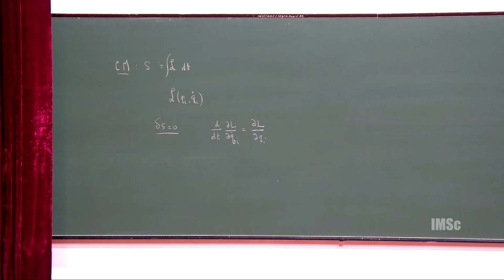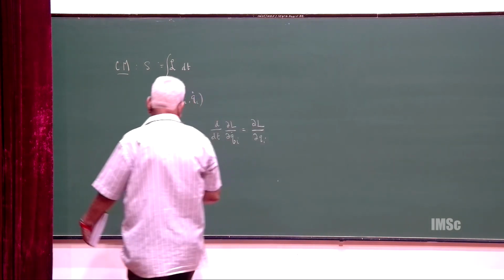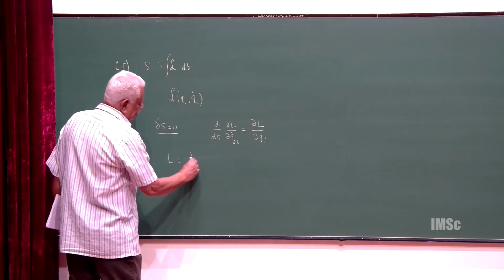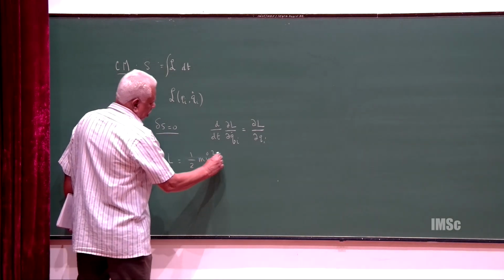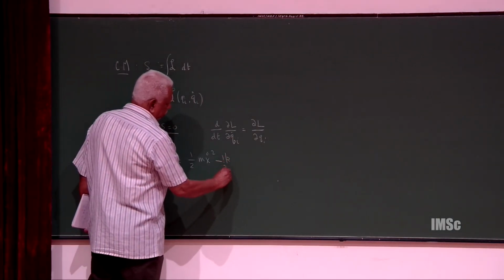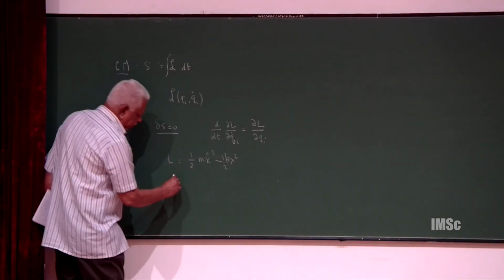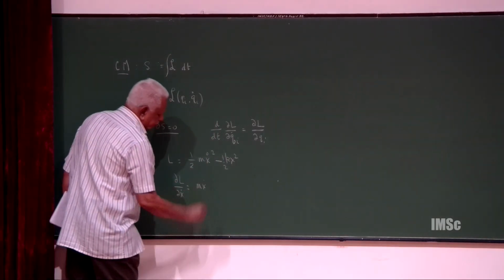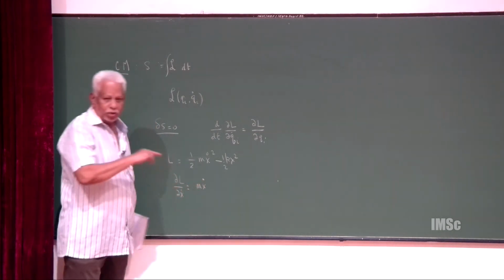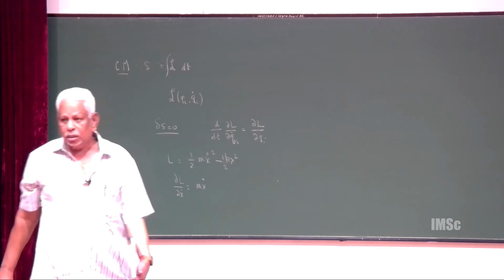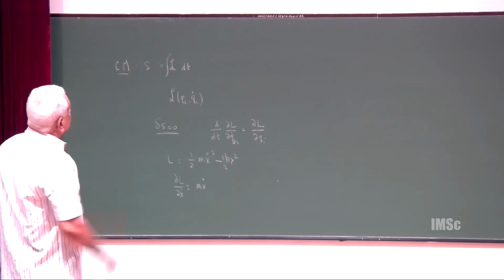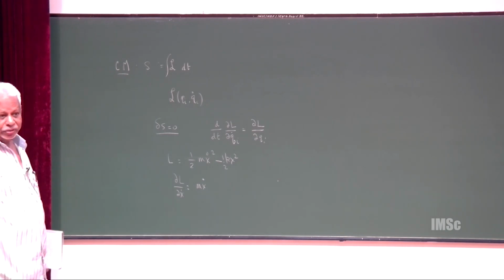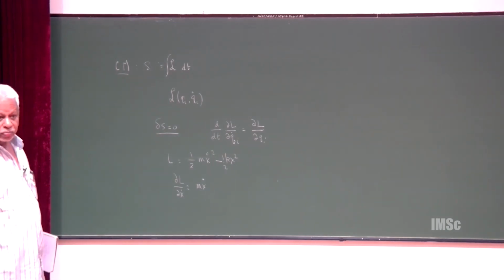Let me take L as half m x dot square minus half k x square. I will do this exercise only once for you. dL by d x dot, from here, is m x dot. Is it visible what I am writing? Is it sufficiently bold, or should I write it bigger?